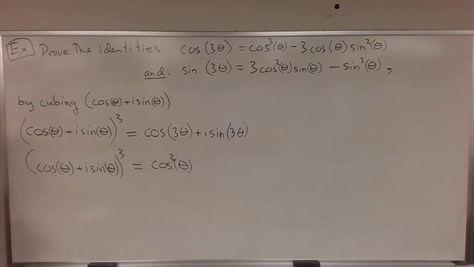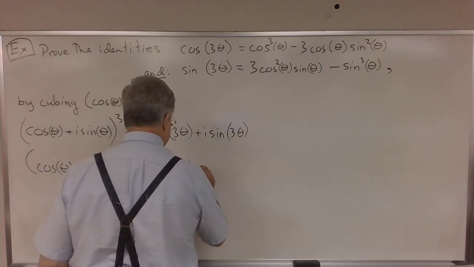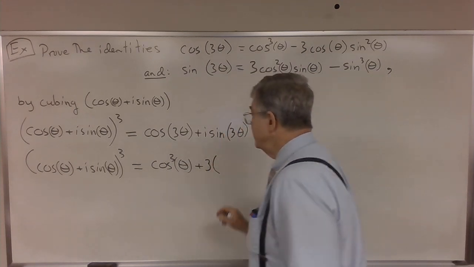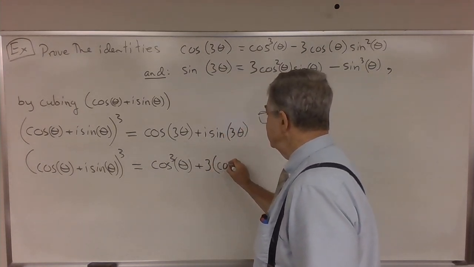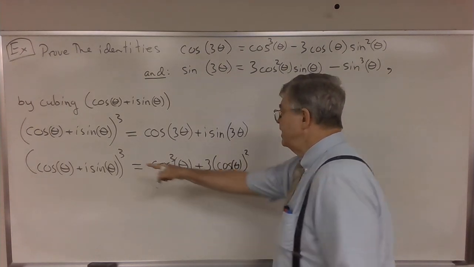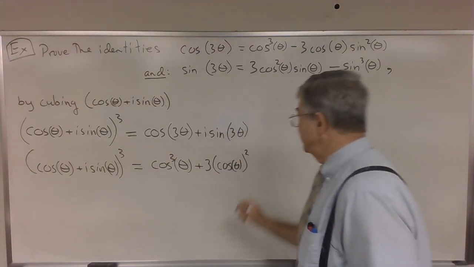And then we're going to get 3 times the first thing squared times the second thing.